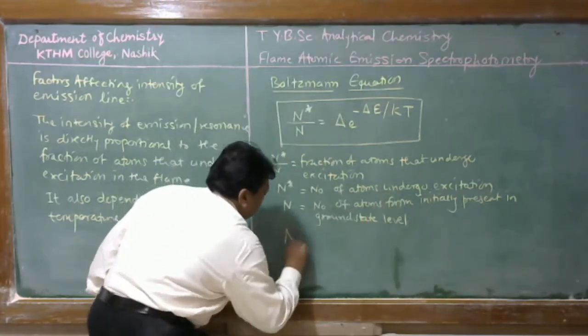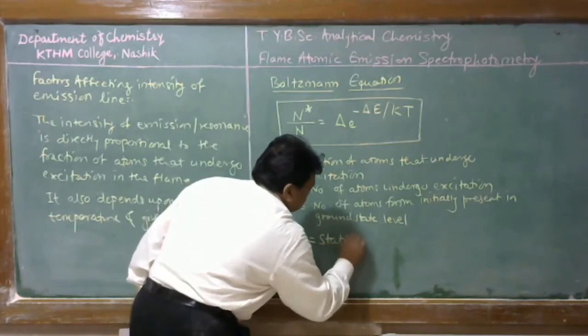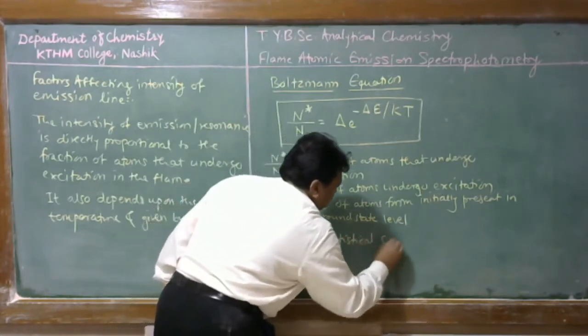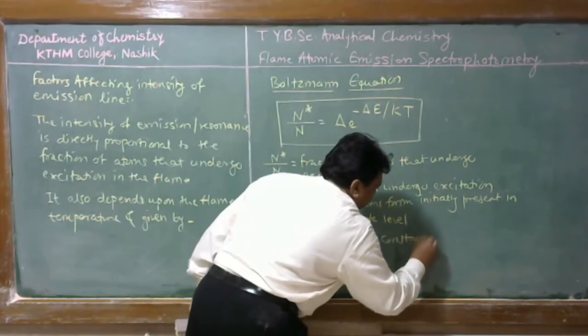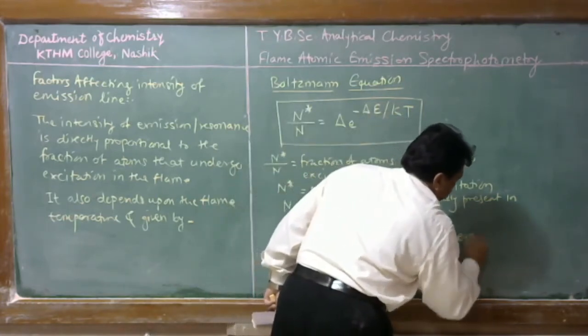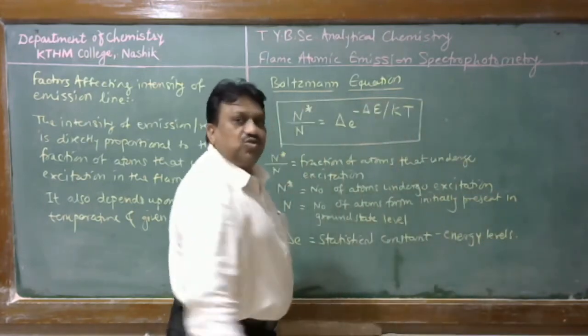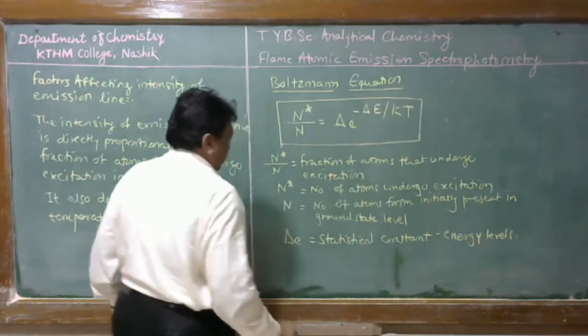Here, delta E is the statistical constant that is related with the energy levels of the atoms, that is, the electronic energy levels of the atom.